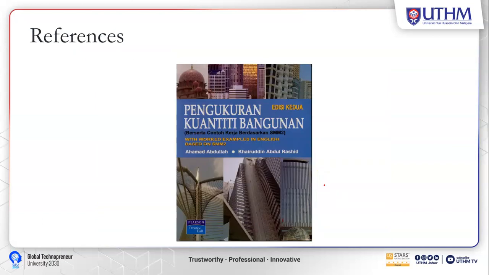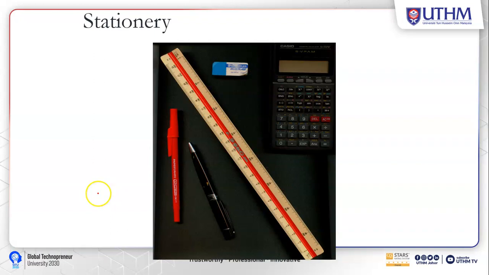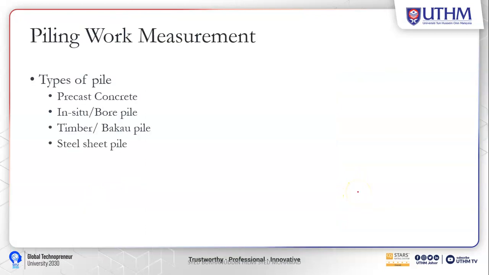Another reference is Quantity Measurement with Work Example in English based on SMM2. The authors are Ahmad Abdullah and Khairuddin Abdul Rashid. And these are the basic stationery needed when you want to do the quantity measurement.